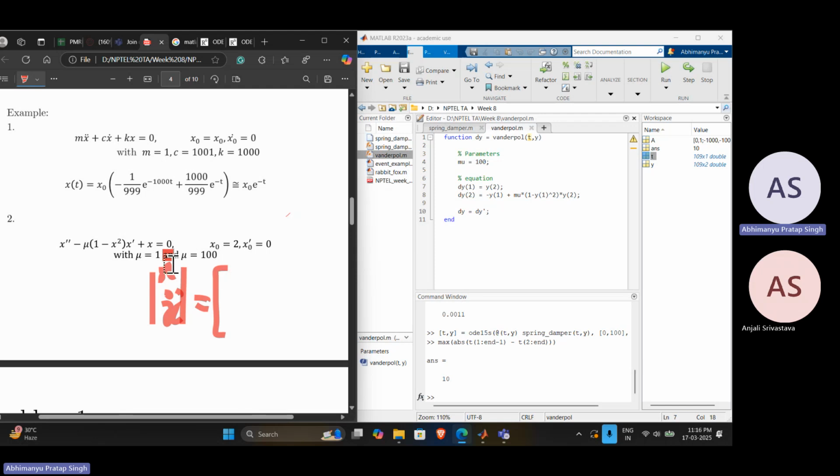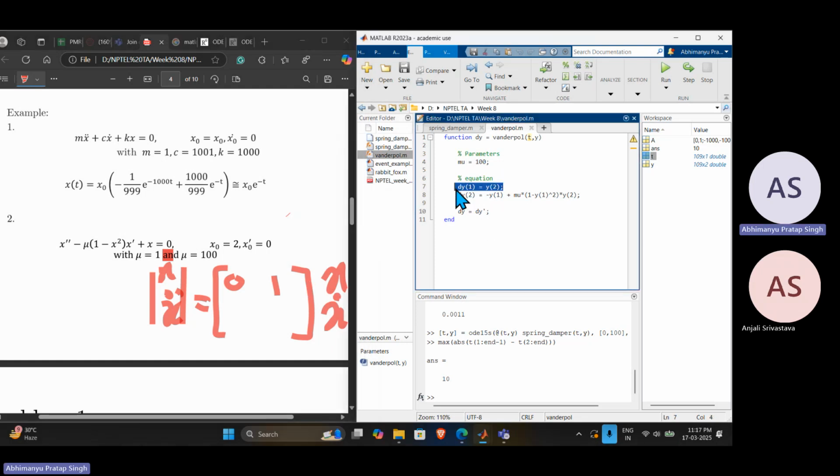For the first x prime, I will be getting 0, 1 acting on x and x dot. So this is basically identity. So 0, 1, that is what I'm writing over here. dy1 is equal to y2, and then for x double prime I will take this whole equation over there. So I will be getting minus 1.